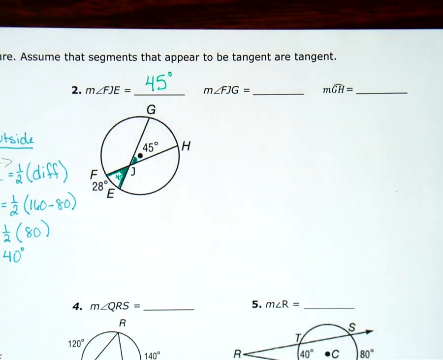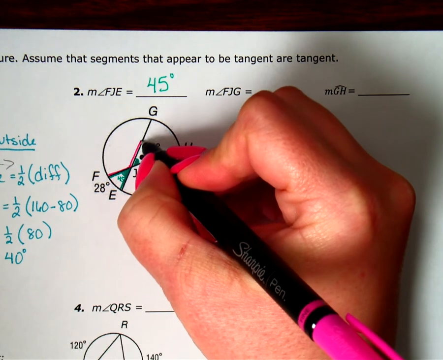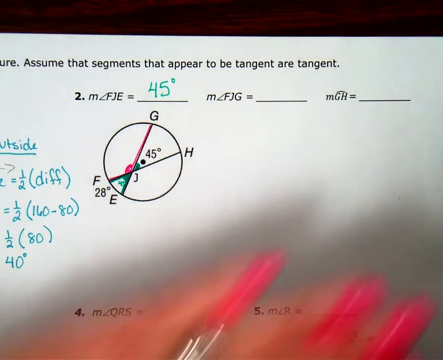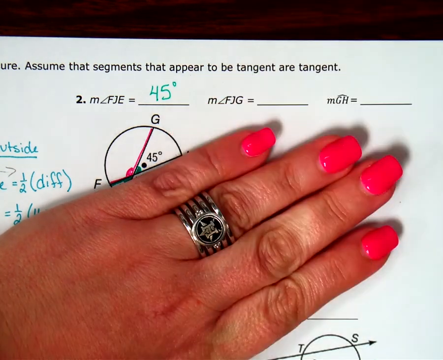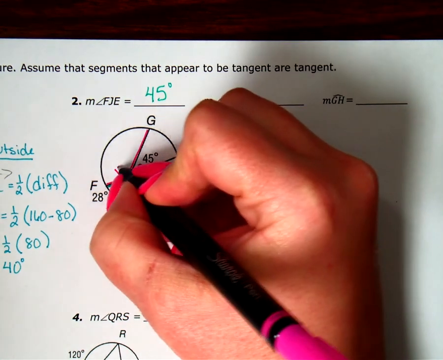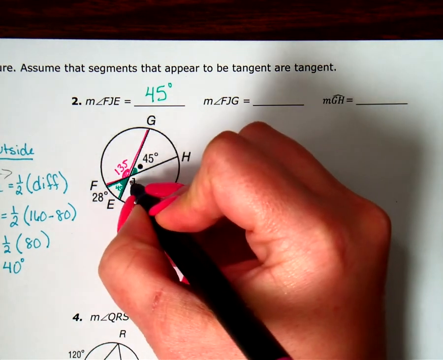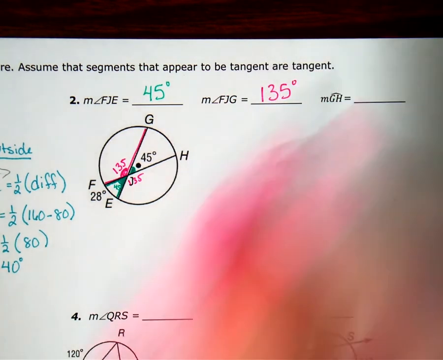FJG is this angle right here. I know together on one side of a line I have 180 degrees. So if I used 45 degrees for this side, then I'm going to do 180 minus 45. This angle is going to be 135. So that together these 2 make 180 degrees, which means under here this would also be 135. And it's an angle, so we say degrees.